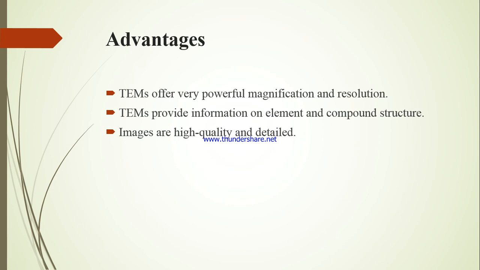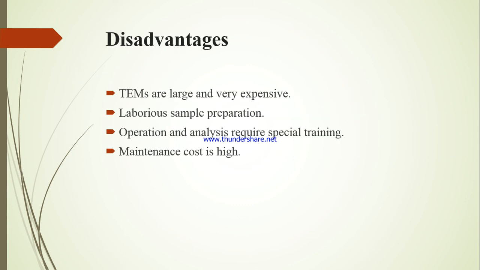The advantages of the transmission electron microscope are that it offers very powerful magnification and resolution. It provides information on electron and compound structure. The images are high quality and detailed.